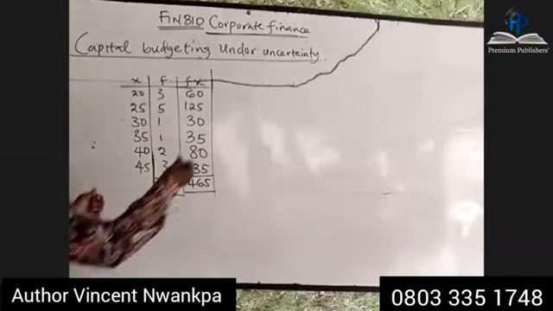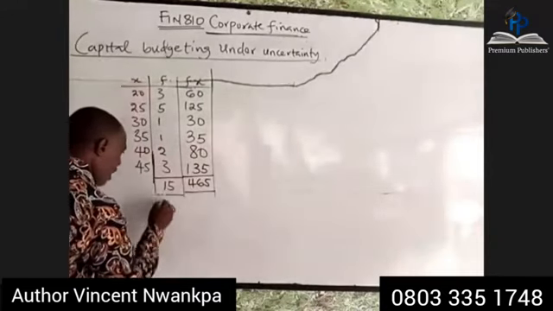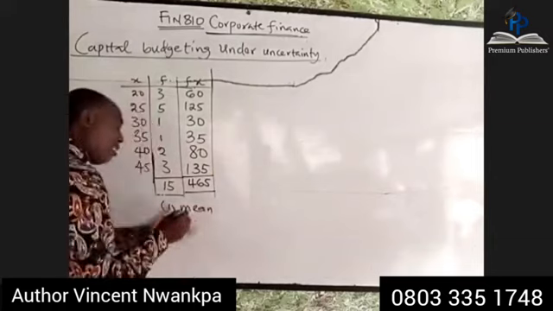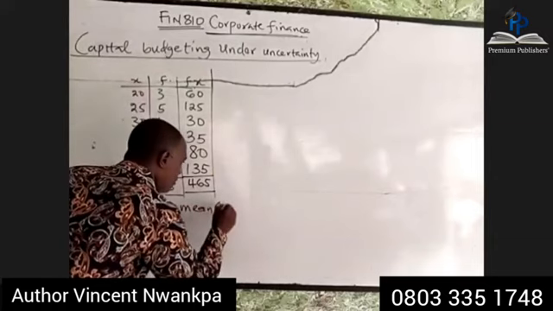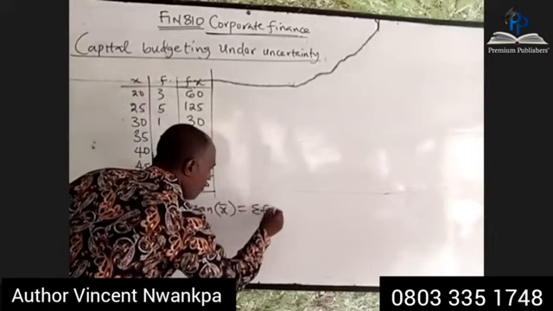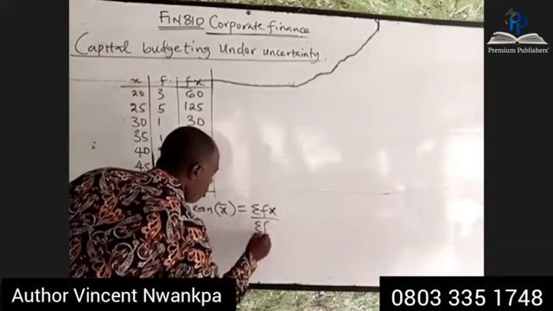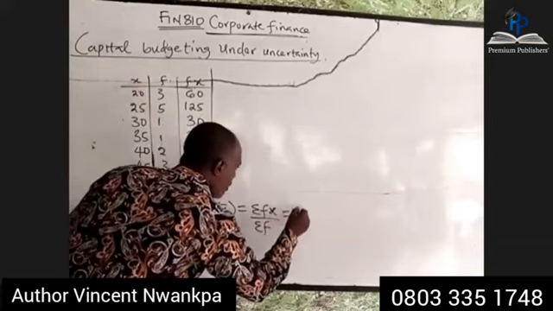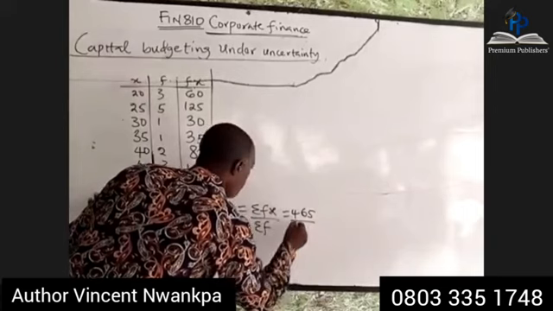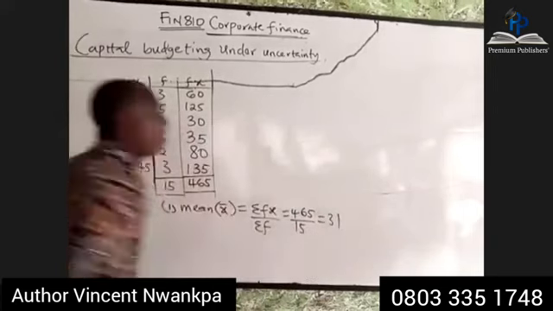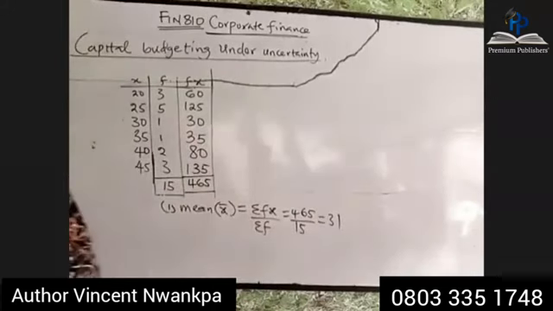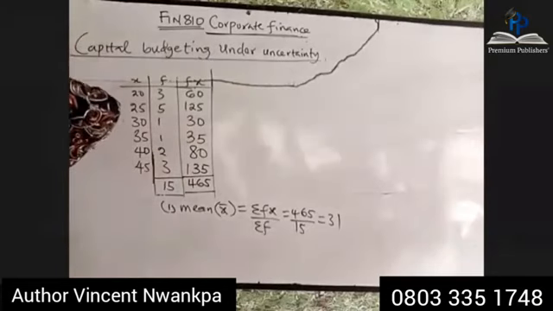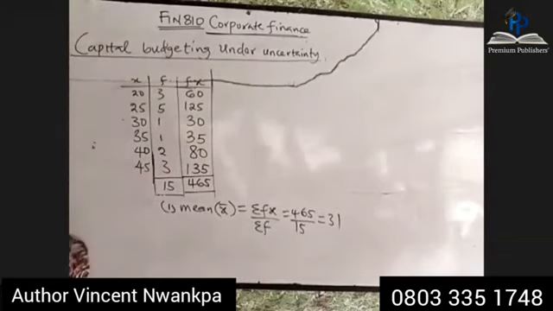But for the sake of this, the mean x bar is summation of fx over summation of f, which is 465 over 15, and we'll have 31. I hope they're getting the idea.